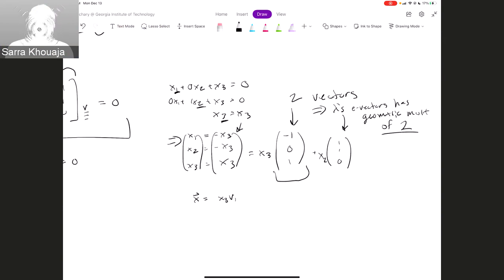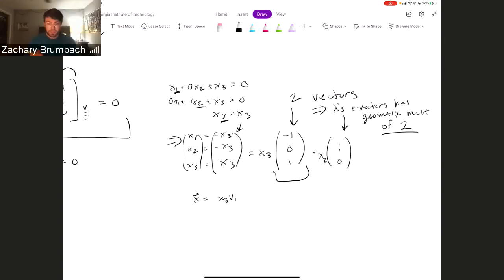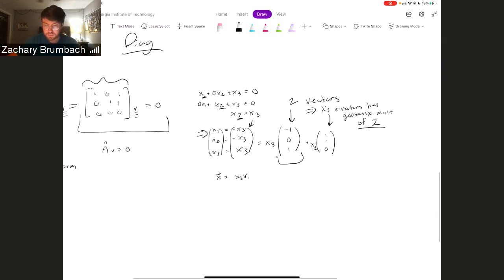That's what that means, okay? When you take this and you find however many vectors, that's its geometric multiplicity, all right? And if your algebraic multiplicity equals your geometric multiplicity for all your lambdas, i.e. if you have as many eigenvectors as eigenvalues, then it's diagonalizable. Okay, so that is diagonalization.